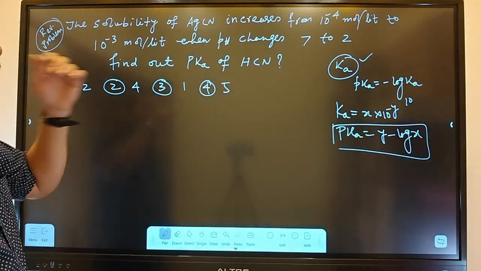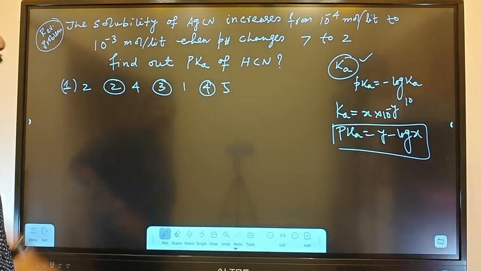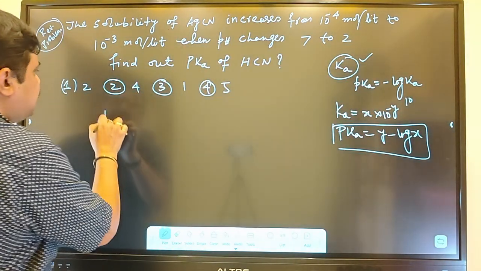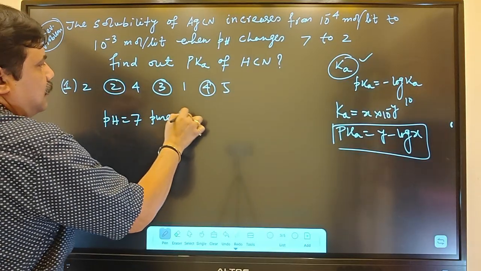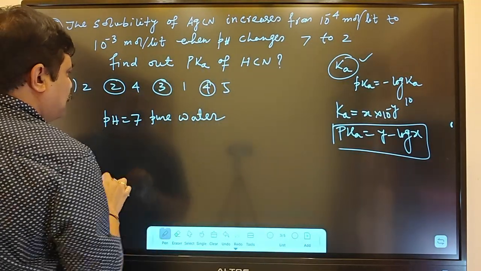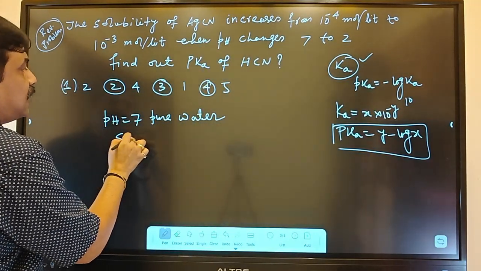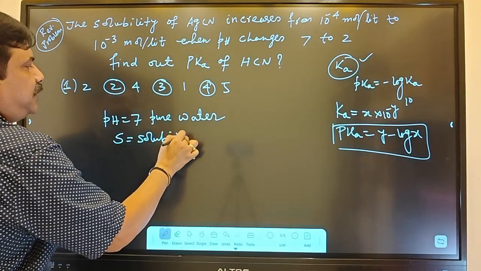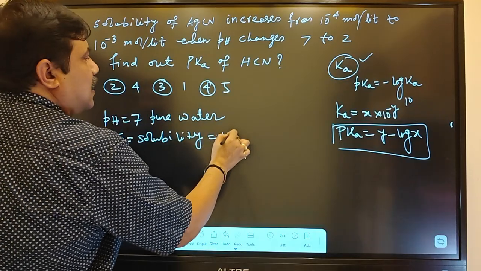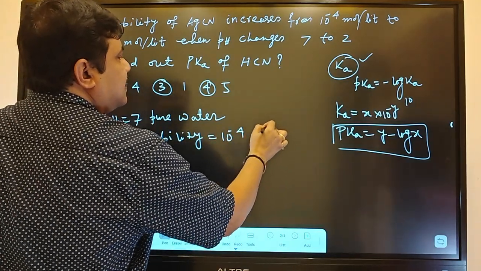Now, if you look at it, solubility increases. Whenever pH is 7, it means it's pure water. In pure water, the solubility S equals 10 power of minus 4 moles per liter.